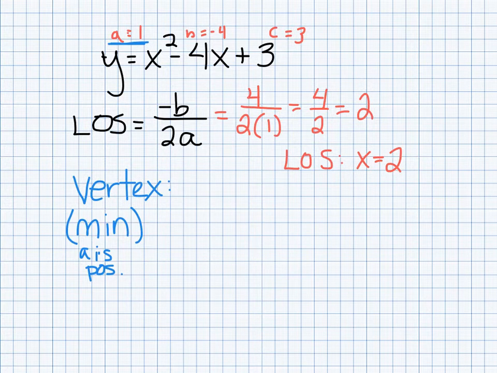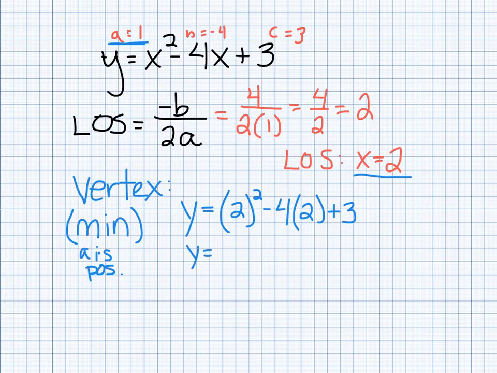We take our x equals 2 and plug it into the equation wherever x appears. So we write y equals 2 squared minus 4 times 2 plus 3. And then we simplify.